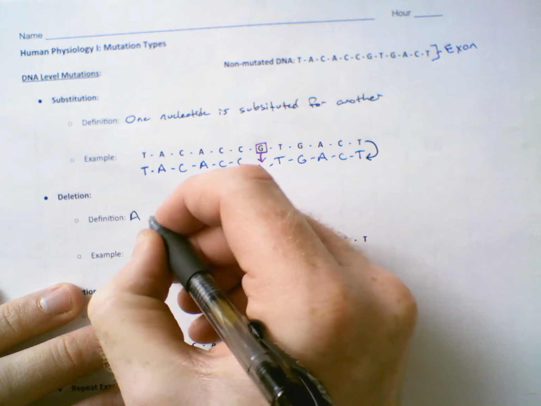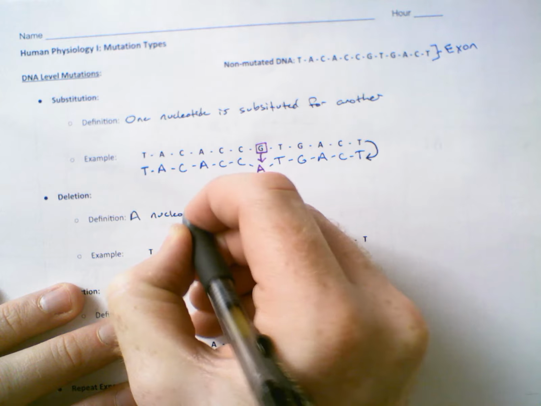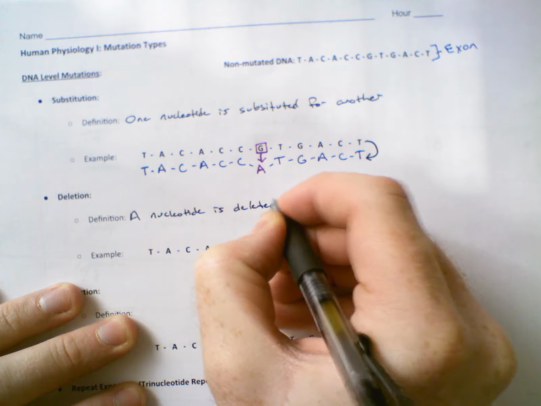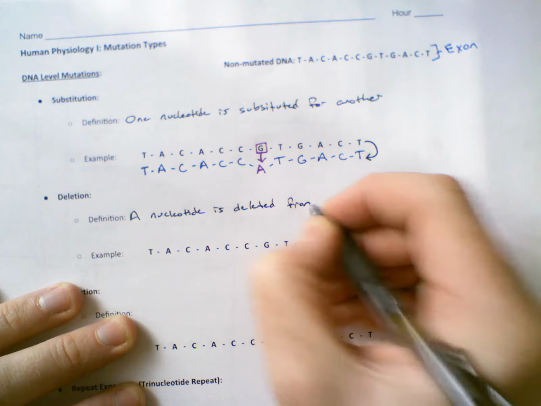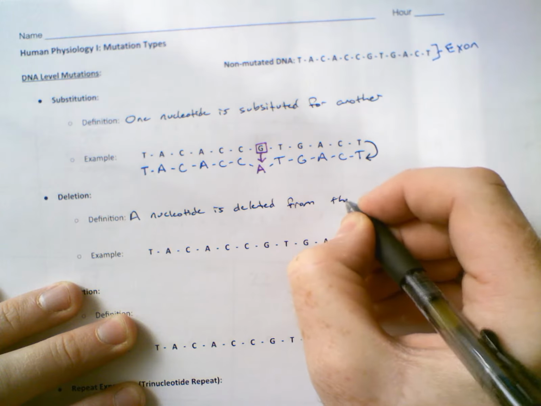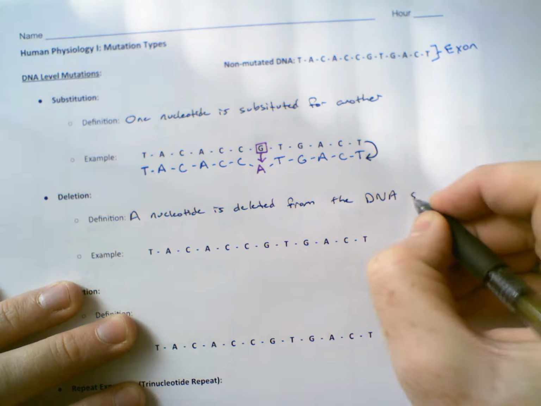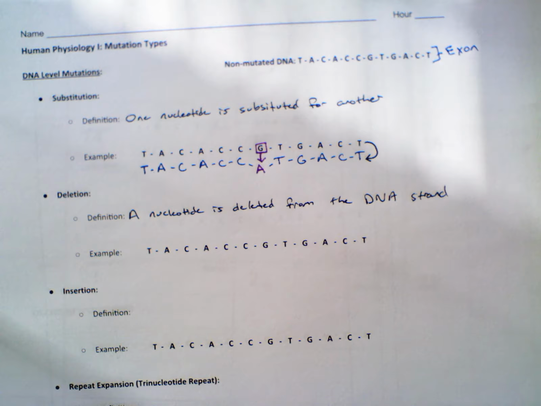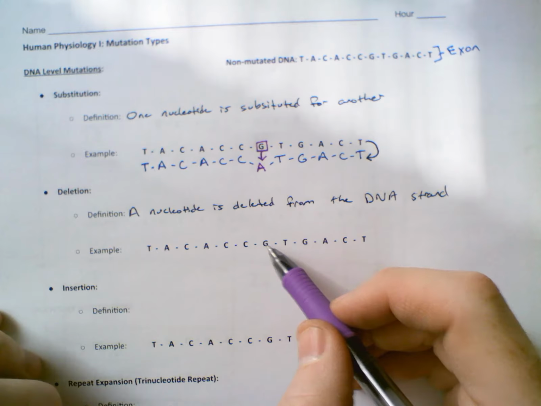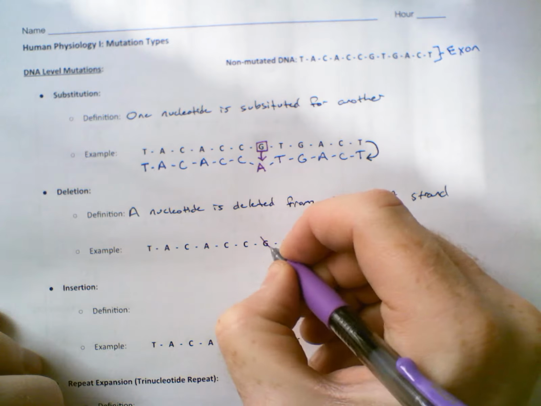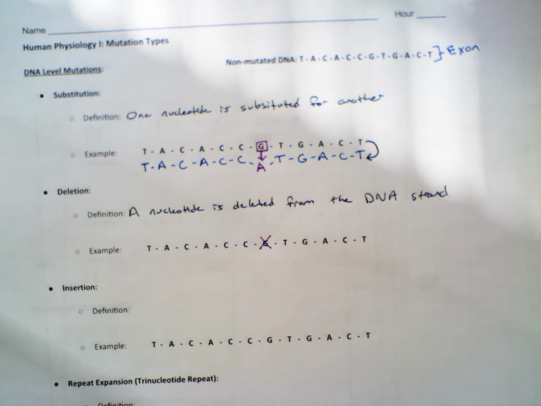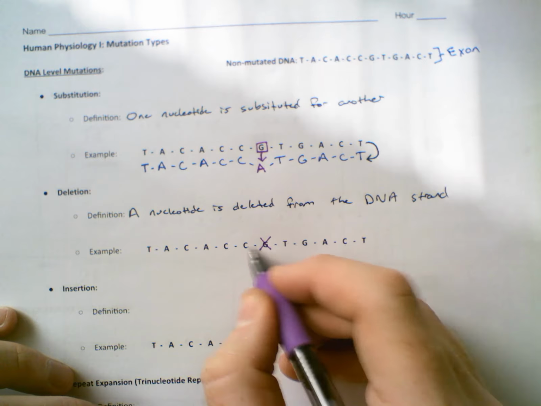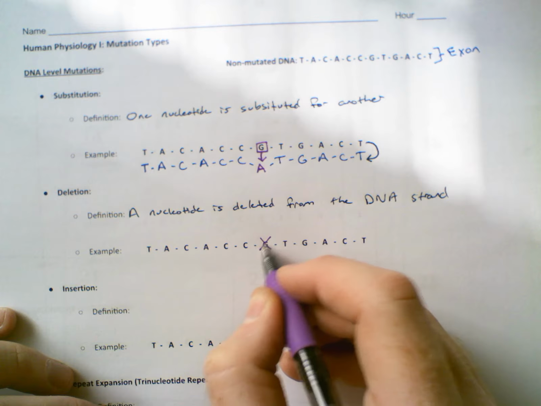Deletion. A nucleotide is deleted from the DNA strand, just like it sounds. Okay. So in this one, instead of substituting this guanine, we are going to just delete it. Okay. Now what will that cause? Well, that's going to cause the nucleotides on either side to be connected together instead of this guanine.